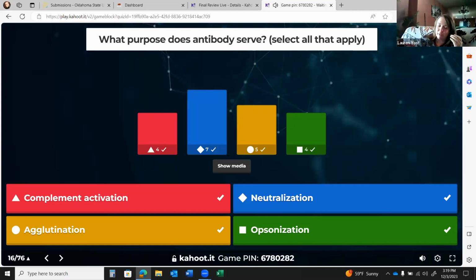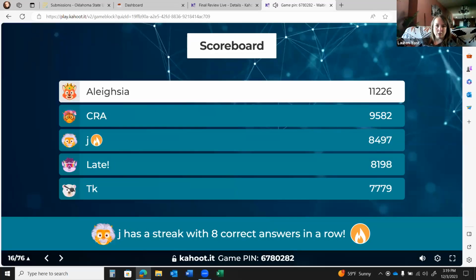It's my favorite thing with this one because there were 6 major ways that antibody could work for our bodies. This is 4 of them, basically. But yes, it can also be an antitoxin. But anyways, let's move on. A lot of them are pretty much the same thing, just worded differently.